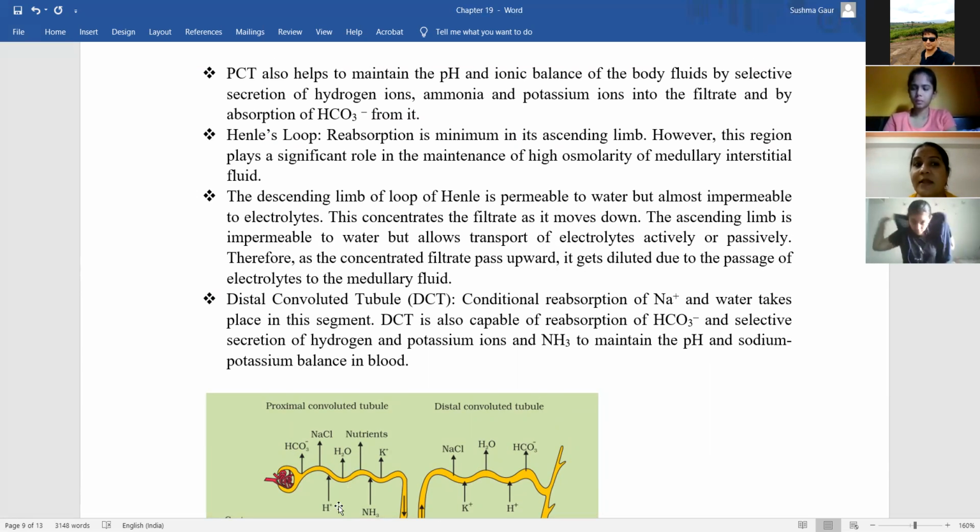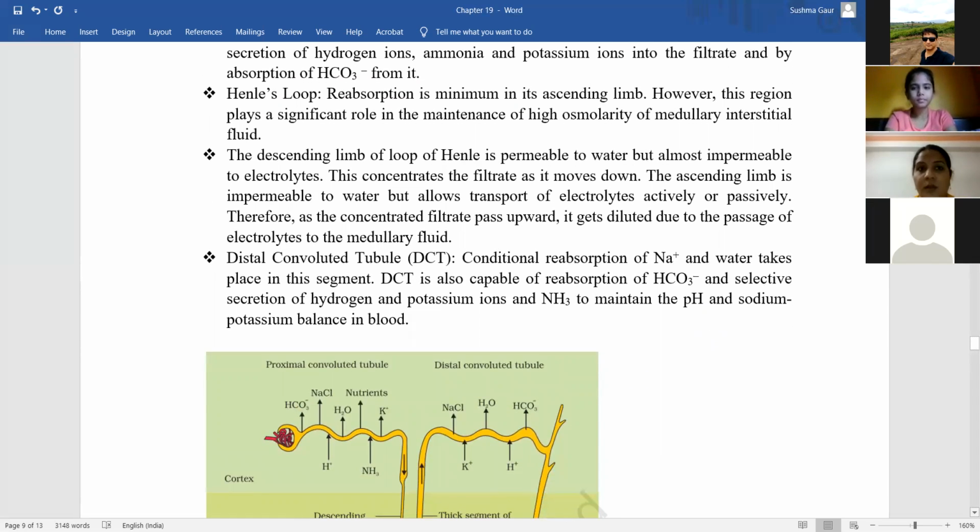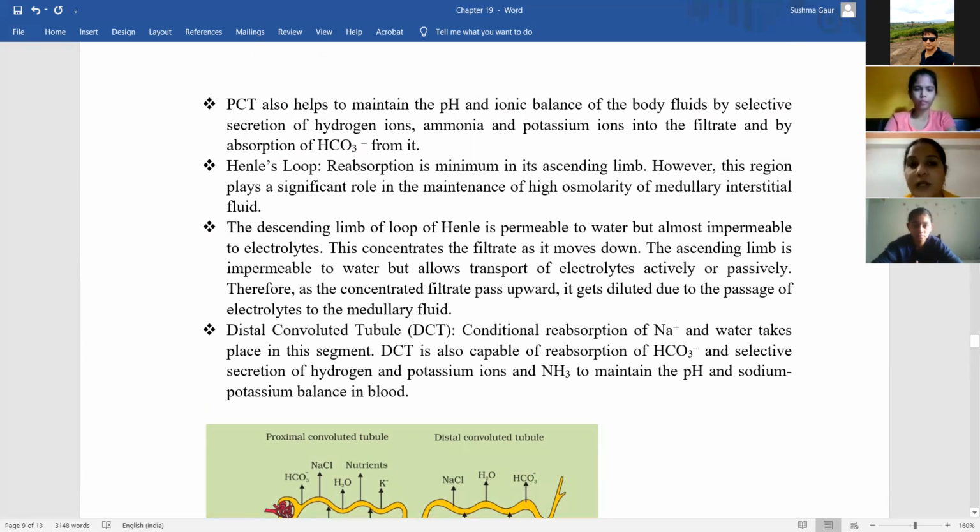The only thing they absorb is bicarbonate from the body fluid, जो urine बनेगा ना, and the fluid that is present all over the body around the nephron also. So they absorb bicarbonate from that fluid and release ammonia, potassium and hydrogen ions into the filtrate. समझ में आ रहा है?